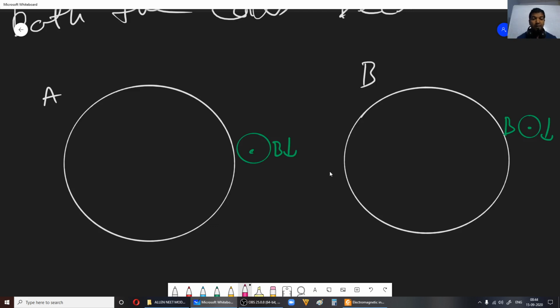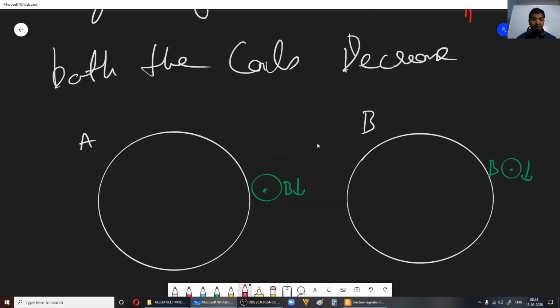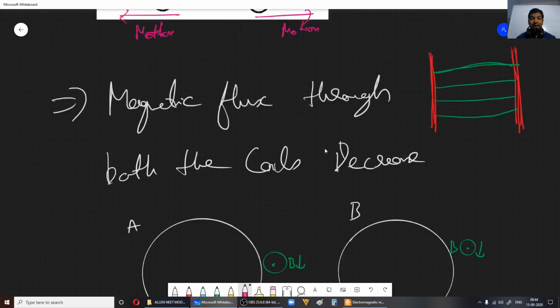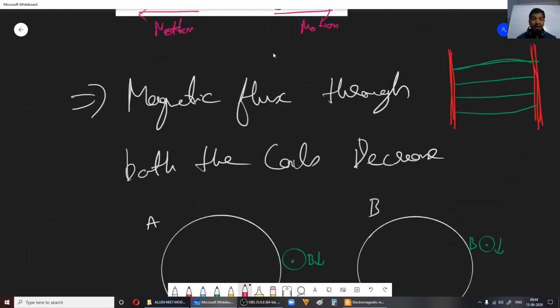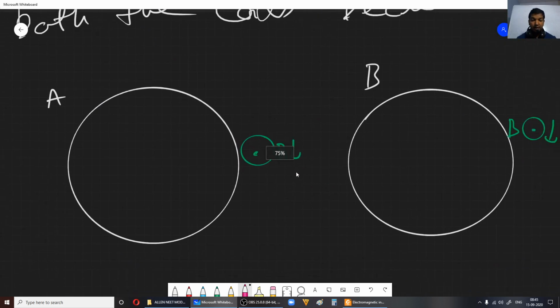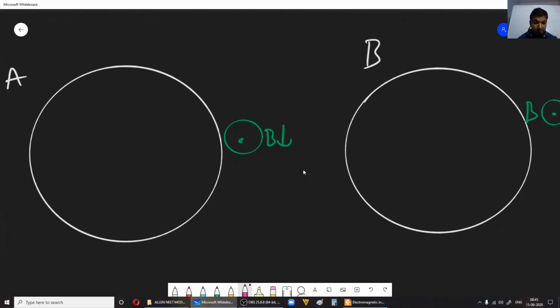Now how was the current flowing? We did not change the sense of the current which was flowing earlier due to the battery, so it is flowing anti-clockwise itself. Now the magnetic field is decreasing, so the induced current will be in such a direction that it tries to increase the magnetic flux.